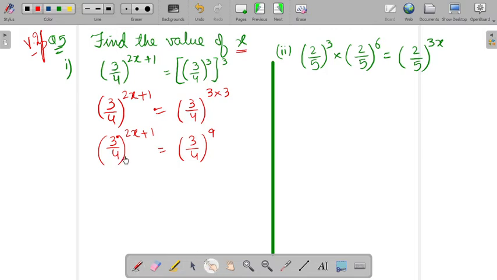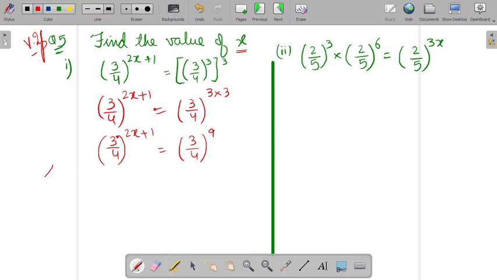Observe here 3 by 4 and here also 3 by 4 and there is equal sign. It means that this term and this term, both of them are equal. And in which condition both of them will be equal? If the powers of both of them are equal, then only these two are equal to each other.